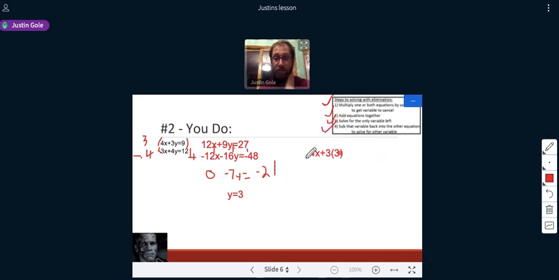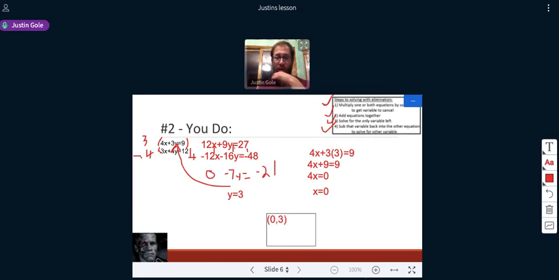Now I'm going to substitute that variable, this 3, into my top equation right here where y goes. 4x plus 3 times 3 equals 9. 4x plus 9 equals 9. 4x equals 0. So if 4x is 0, then x equals 0. So my solution is x is 0, y is 3.